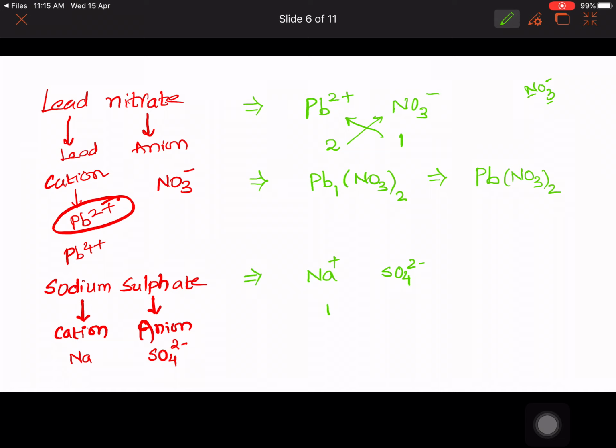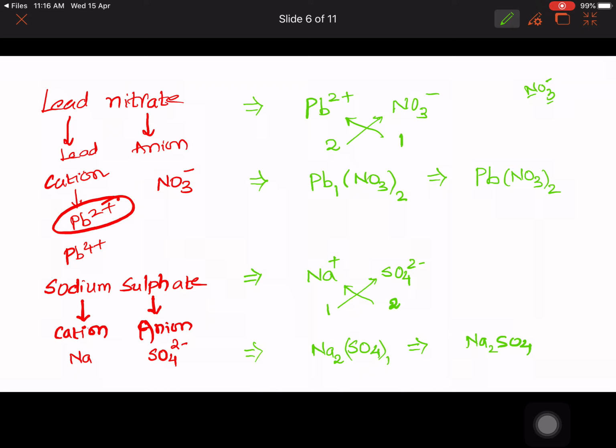For SO4 2 minus, that is 2. Now do cross multiplication. That implies you are going to get sodium multiplied 2 times and SO4 once. Here only one SO4 is there, so no need to keep brackets. This can be written as Na2SO4. So the formula of sodium sulfate is Na2SO4.